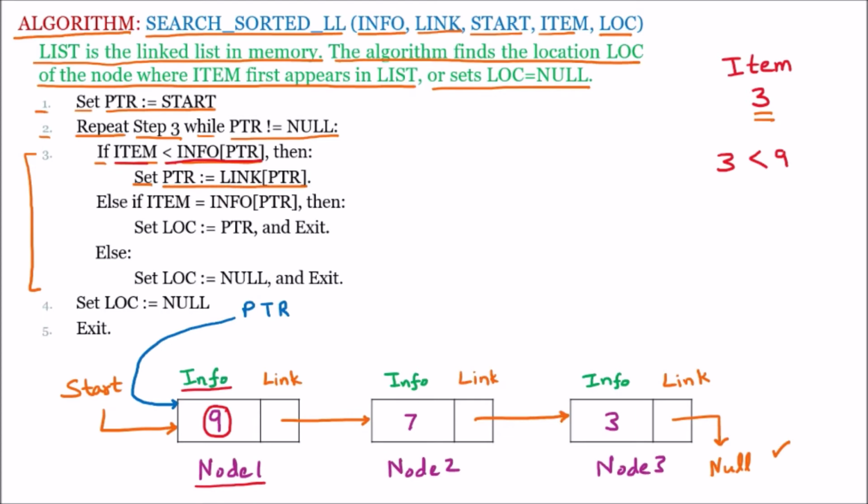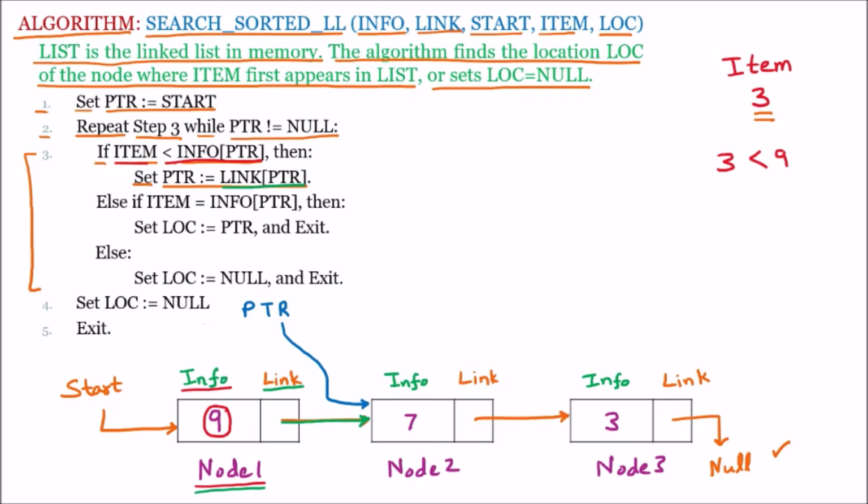We know that set PTR is equal to link PTR means going to the next node. So here link PTR, you see the pointer is pointing to this node and there is the link part. This is the link part. Link part is pointing to node 2. So that means the pointer is now pointing to node 2.